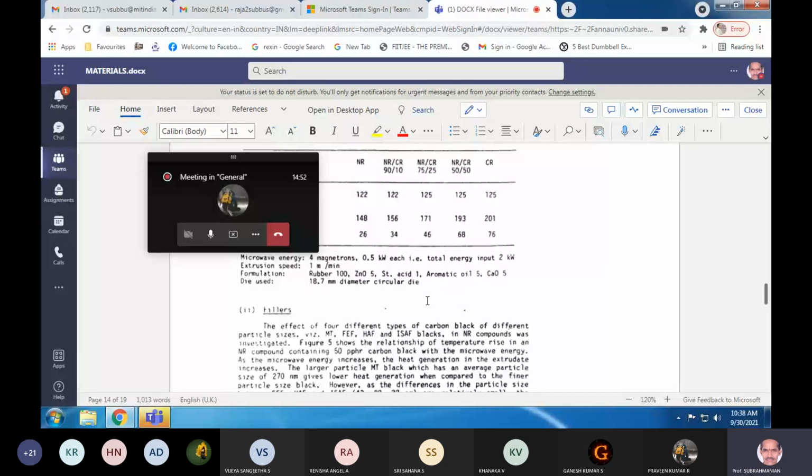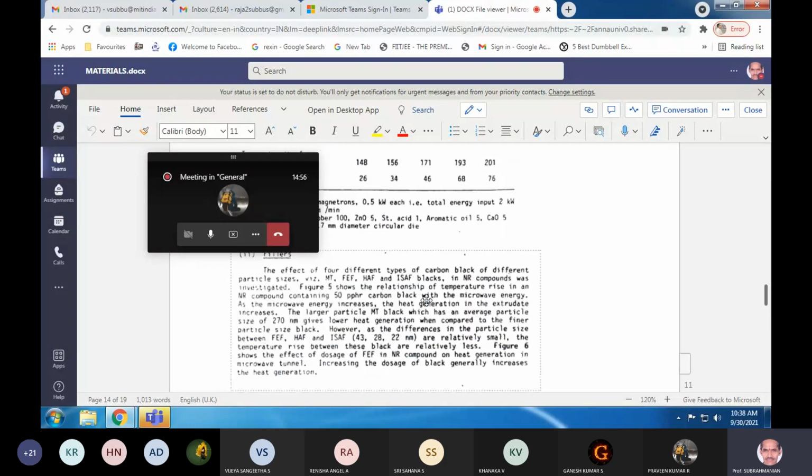So as we said in the beginning, you have the base polymer, you also have the filler. So regarding this filler, carbon black, right from MT medium thermal, N990, its particle size is about 250 to 300 nanometer. The finest is the ISAF.